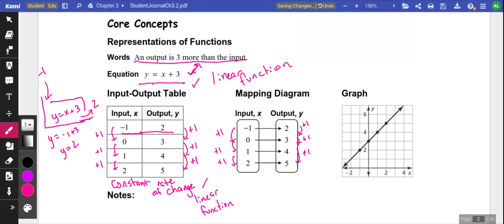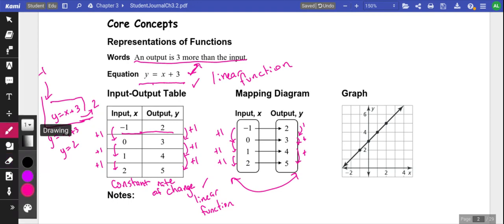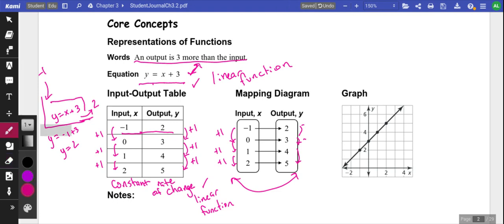And let me not be confusing here. It doesn't have to be the same for input and output. If I had one, for example, that went up by 1 for the input and then up by 4 for the output, or maybe subtracted by 3 for the output, that would also be a linear function.